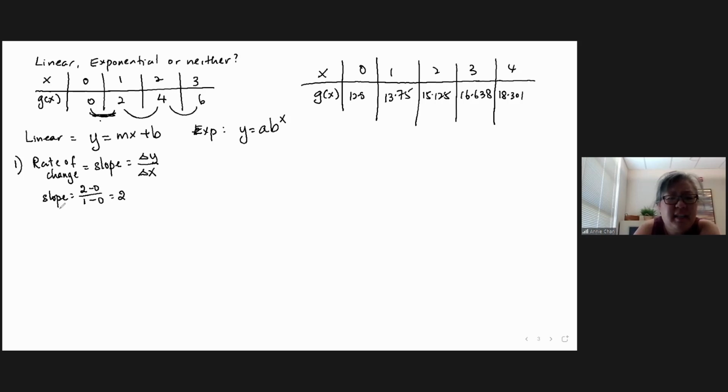Yes? Now we find the next one. 4 minus 2 over 2 minus 1, that's 2. So far, so good. Now we find the third one. 6 minus 2 over 3 minus 2. 3 minus 2, that is what?